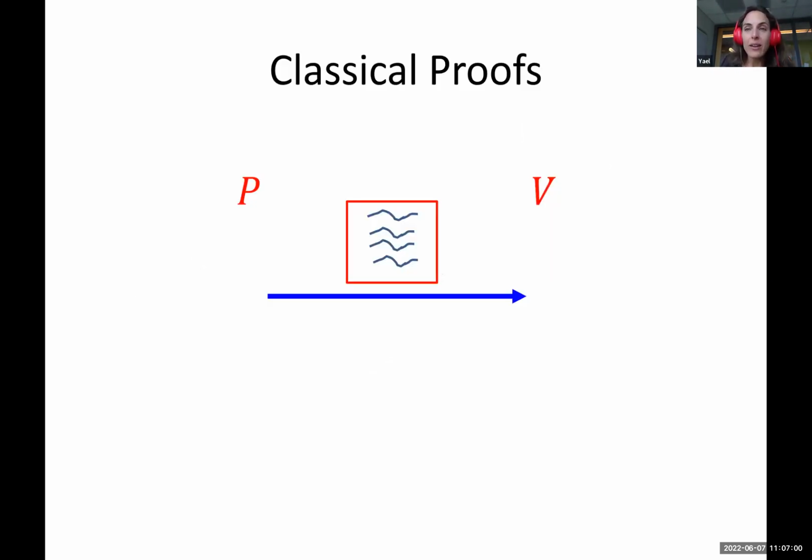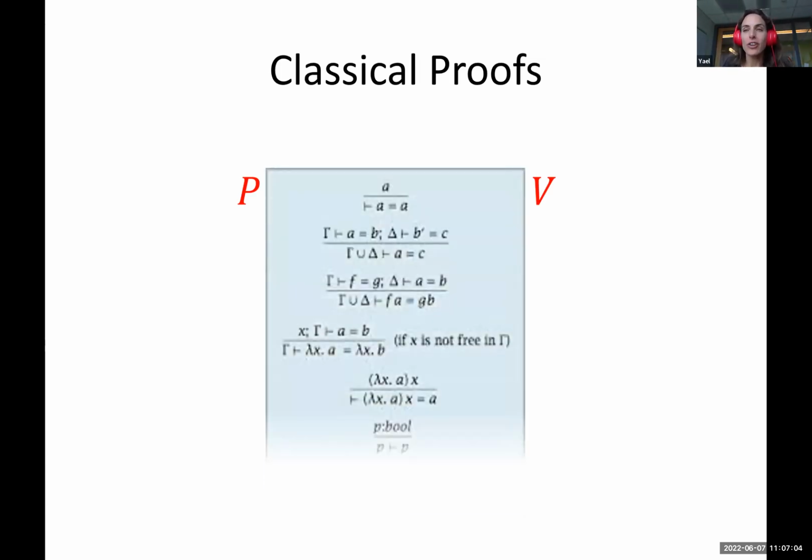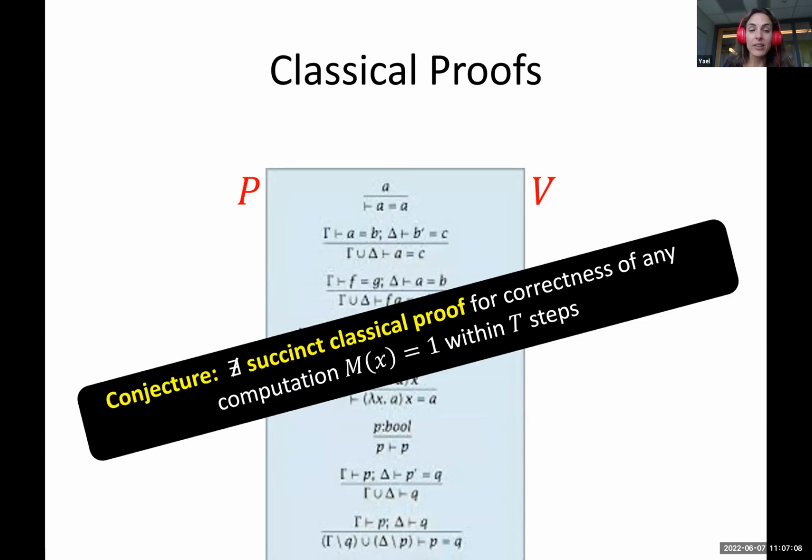So with a classical proof, usually classical proofs tend to be very, very long. And in particular, we believe that you don't have a succinct classical proof that proves correctness of computations of the form: a program and input x, output 1, within t steps, where t is large, more than polynomial.